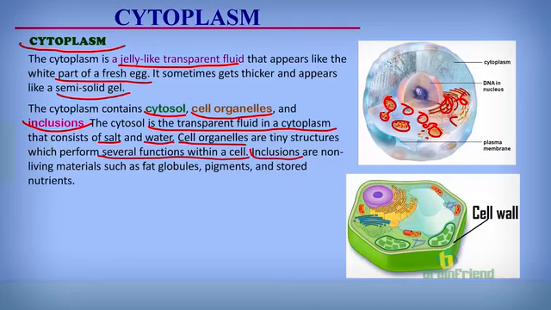Cell inclusions are non-living materials that are also found within a cell. Cell inclusions include substances such as fat globules, pigments, and stored nutrients. All of these non-living materials are found within the cell. Of course, they carry out various roles as well.